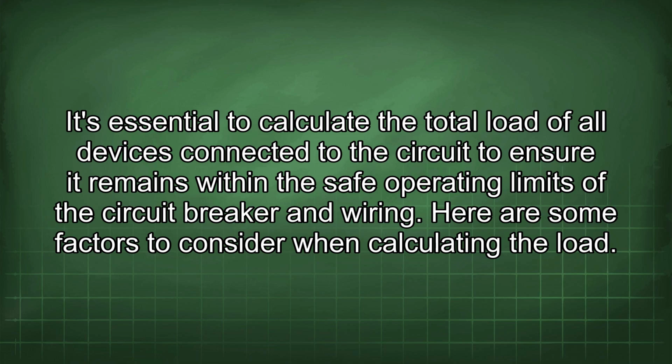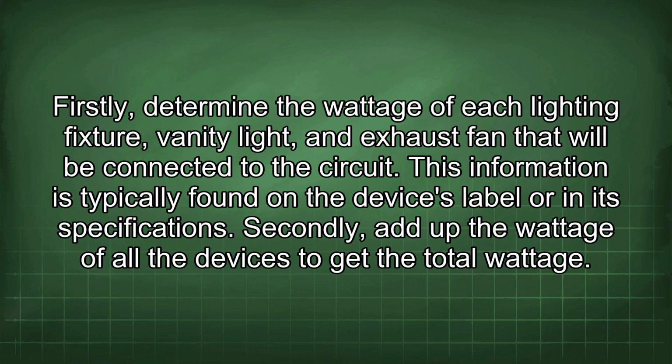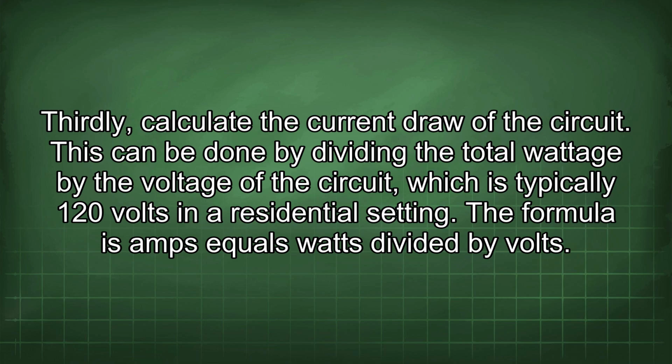Here are some factors to consider when calculating the load. Firstly, determine the wattage of each lighting fixture, vanity light, and exhaust fan that will be connected to the circuit. This information is typically found on the device's label or in its specifications. Secondly, add up the wattage of all the devices to get the total wattage. Thirdly, calculate the current draw of the circuit.